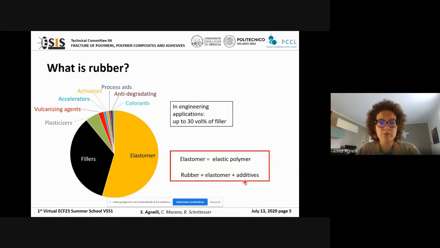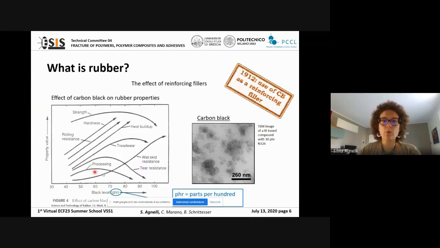A large volume of rubber is occupied by these additives, and the main two are reinforcing filler and vulcanizing agents. Nearly 30% of the volume is occupied by such fillers, and the most important and common one is carbon black. Carbon black is a black powder made of carbon in the form of spheres or branched particles, and it has a high surface area.